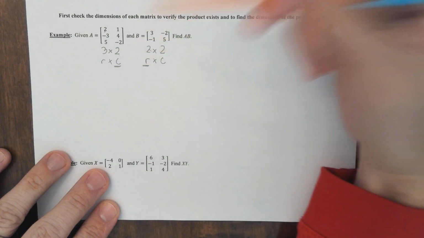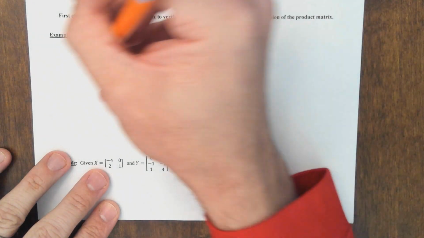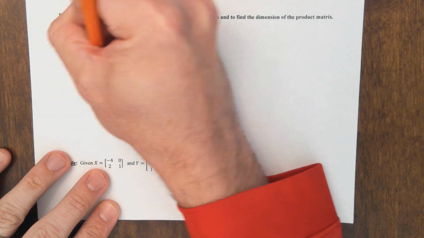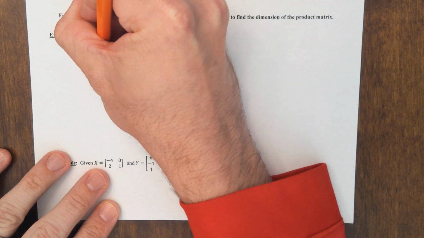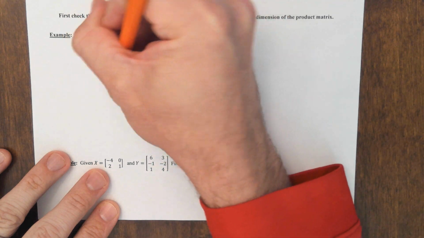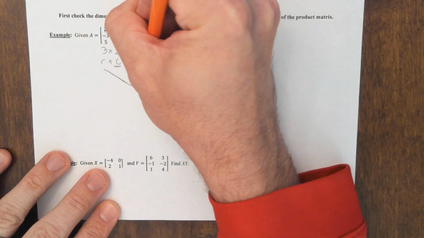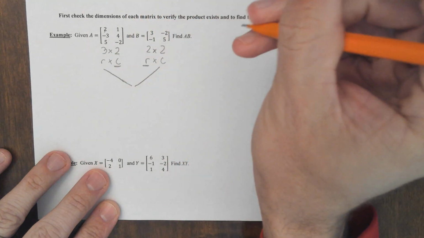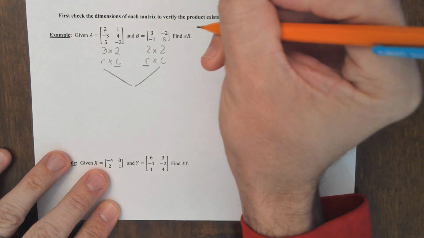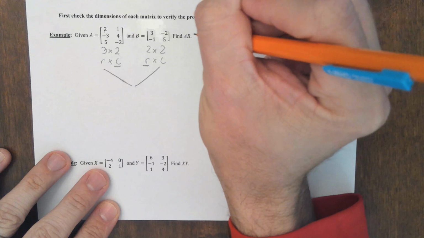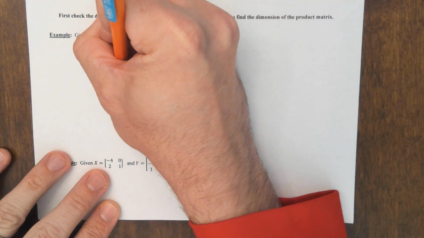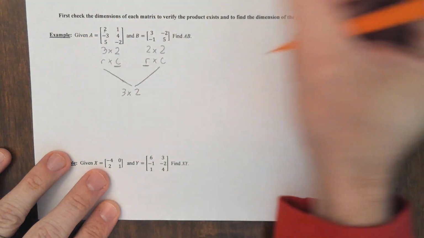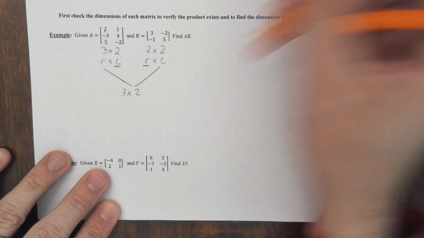So now that we know we can perform it, what is my product going to be? Your product is going to have the number of rows from the first matrix and the number of columns from the second matrix. So in this case, my solution matrix is going to be a 3 by 2.